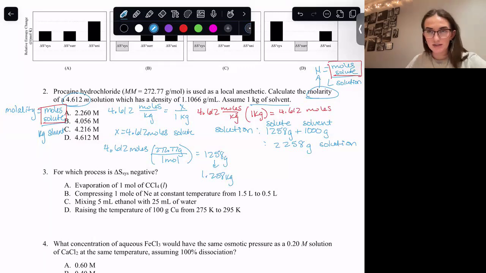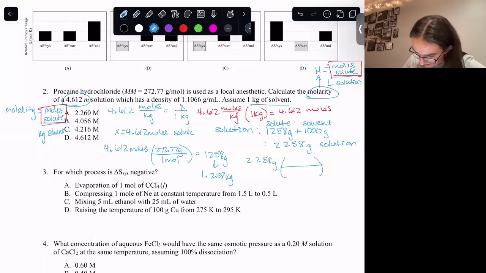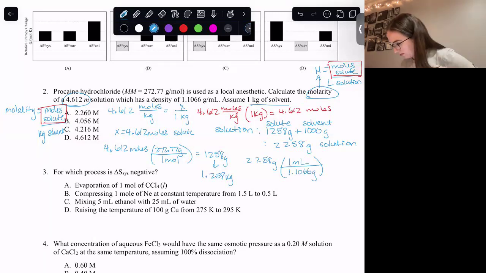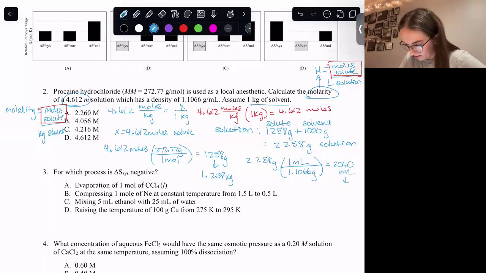And then we can use our density. If we have 2,258 grams, then for every milliliter, we have 1.1066 grams. So we end up with 2,040 milliliters, which is 2.04 liters of solution.